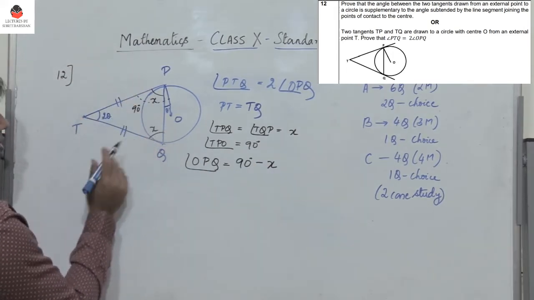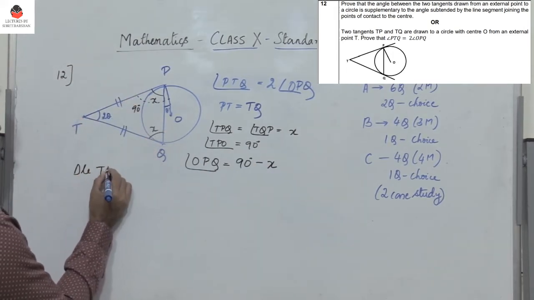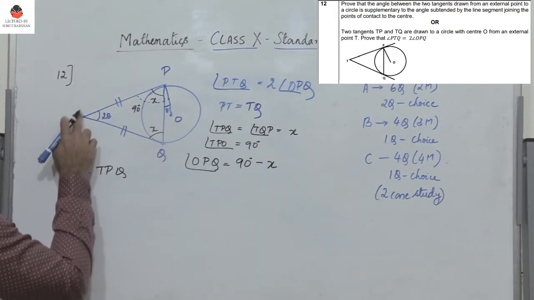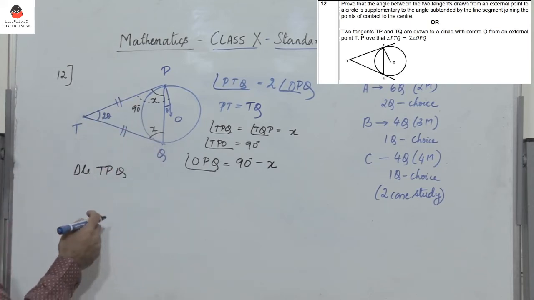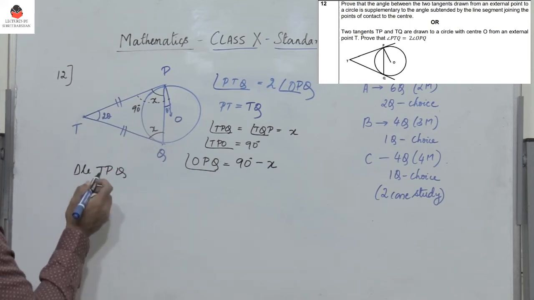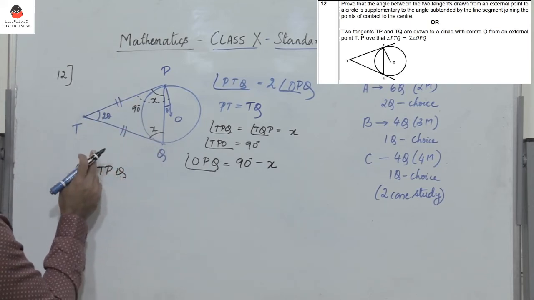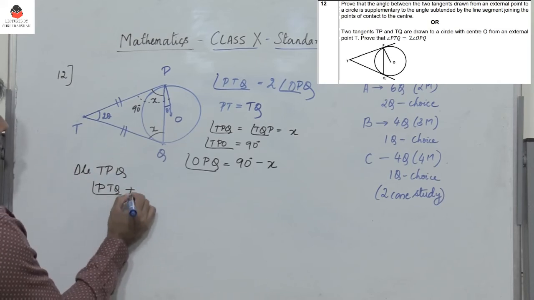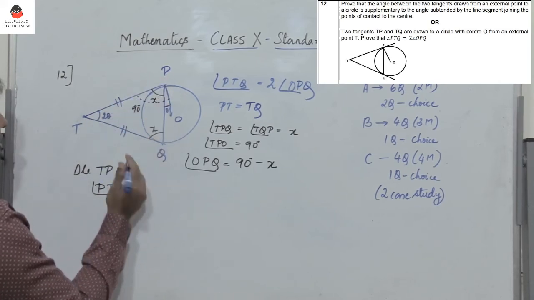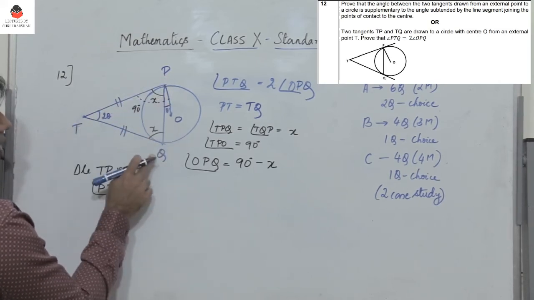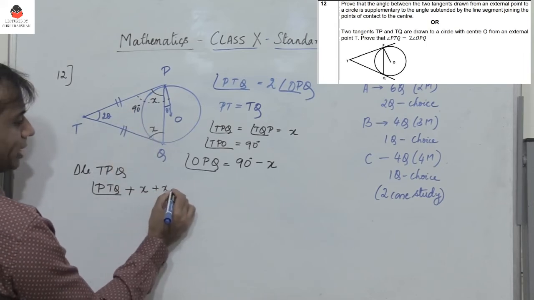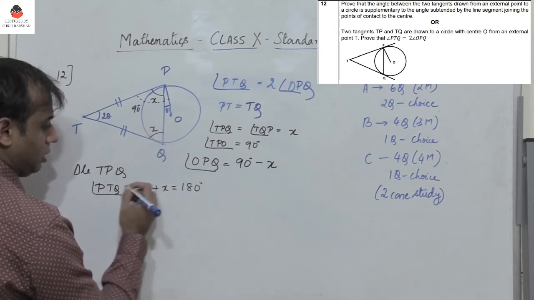Now let me consider the triangle TPQ. So we have the sum of all the three angles equal to 180 degrees, isn't it? So I have angle PTQ plus angle TPQ, which is X, plus angle TQP, which is also X, equal to 180 degrees.